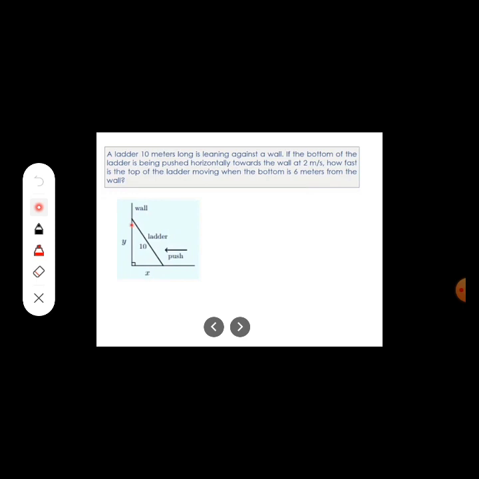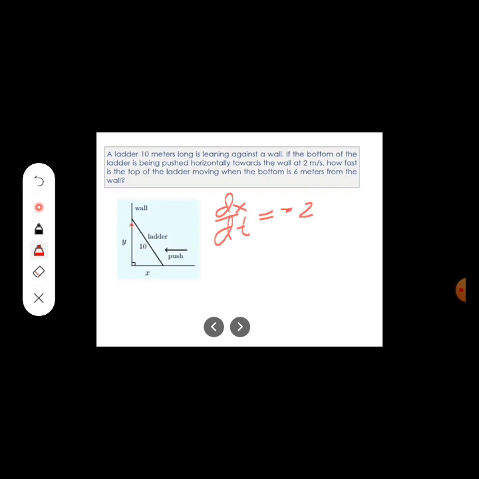Note that the length of the ladder is constant. If the bottom of the ladder is being pushed horizontally towards the wall, then dx over dt equals -2, because this rate is negative since the quantity x decreases with time. That's why it's negative.